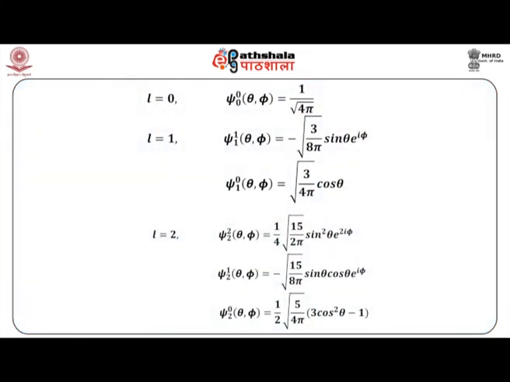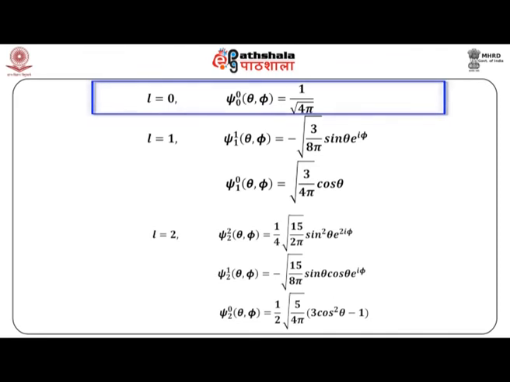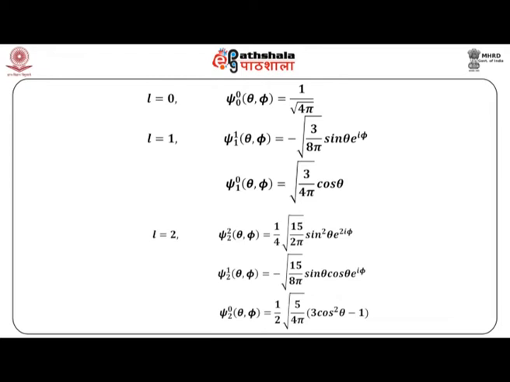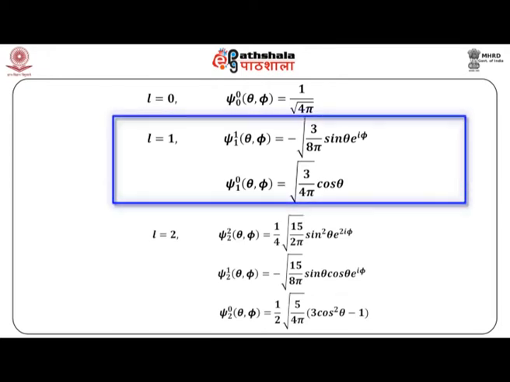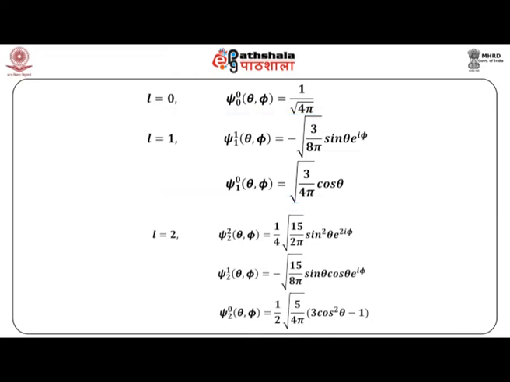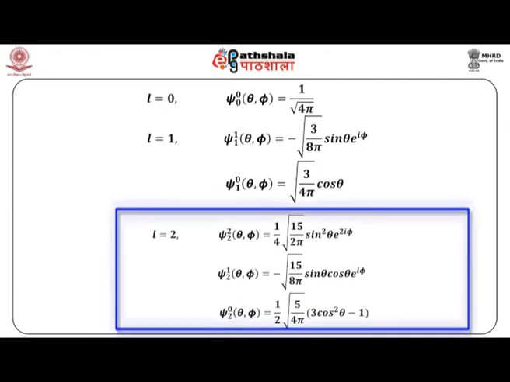Some of the wave functions of the rigid rotator for different values of L are given in this table. You can see first is the wave function for L equal to 0, and then we have the wave function for L equal to 1. You can see how it looks. Then we have the wave functions for L equal to 2.